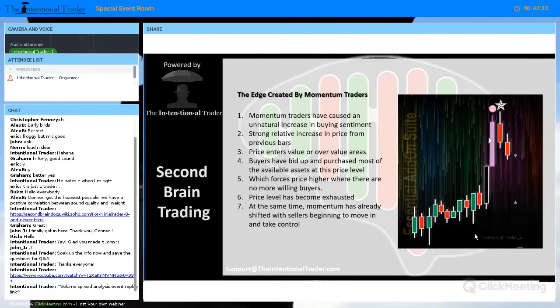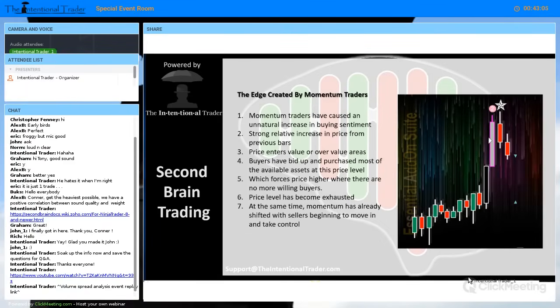Okay, so the momentum traders need some strong movement with lots of potential buyers trading in order to be able to have that freight train effect. If they get price really rolling, then that helps to push price, giving it more momentum, which is really what they want. They're like getting this ball rolling, and they want to keep it rolling until it just runs out of gas.